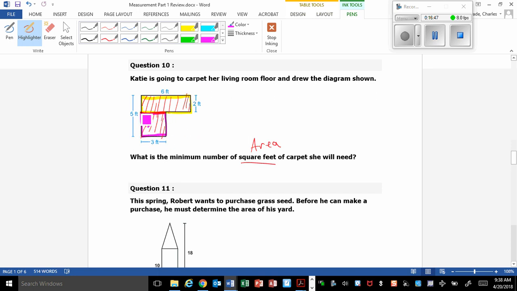Okay, so those 2 figures right in there. Excuse the shade if I got it thicker. So those are the 2 figures that we have.